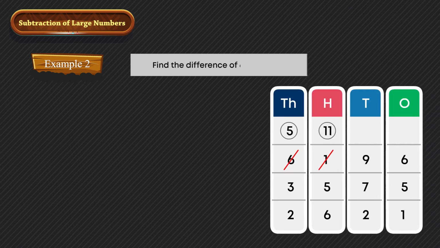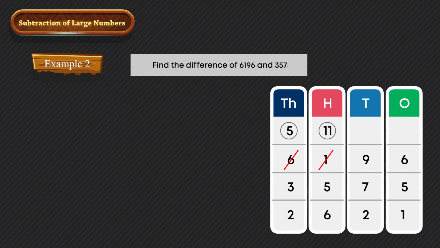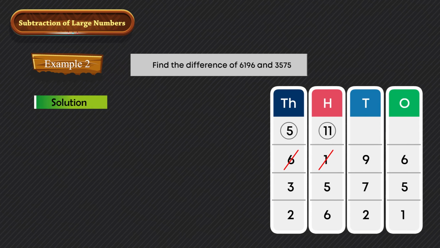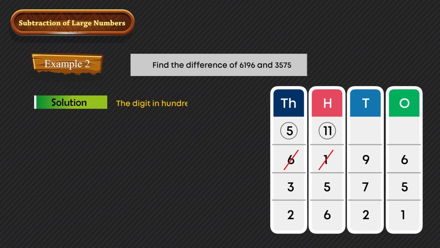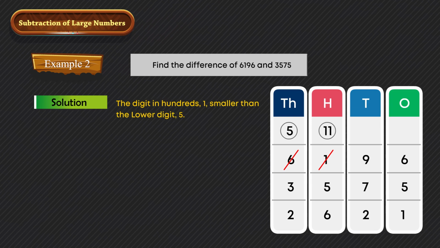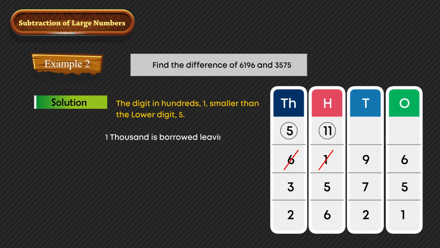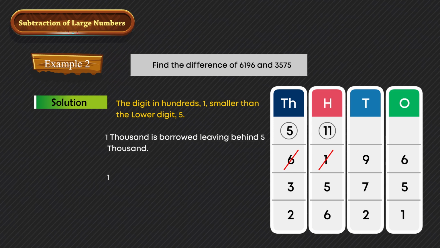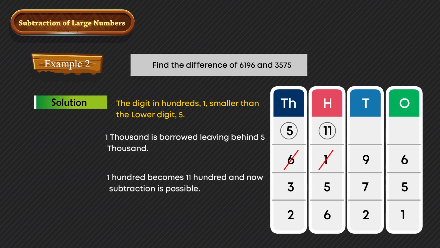Find the difference of 6,196 and 3,575. Solution. The digit in hundreds, 1, is smaller than the lower digit, 5. 1,000 is borrowed, leaving behind 5,000. 100 becomes 1,100 and now subtraction is possible.